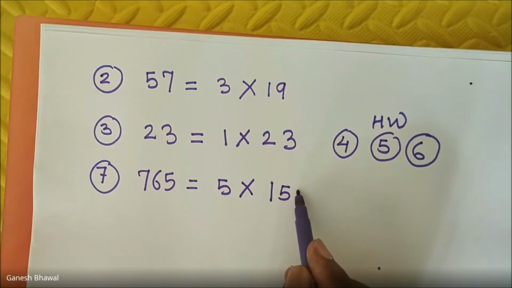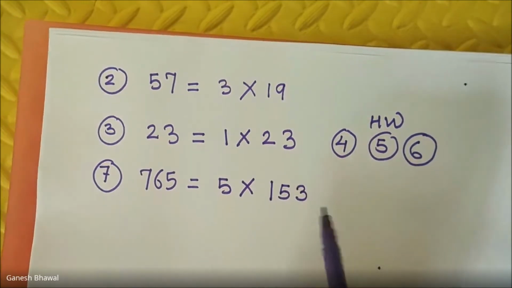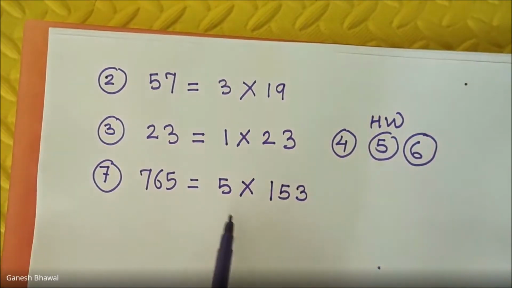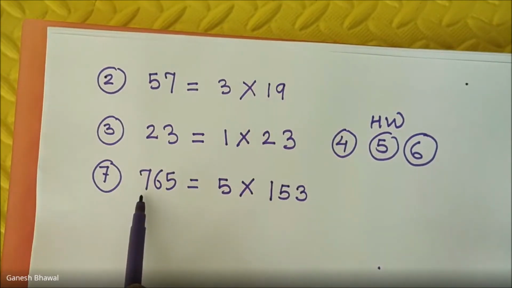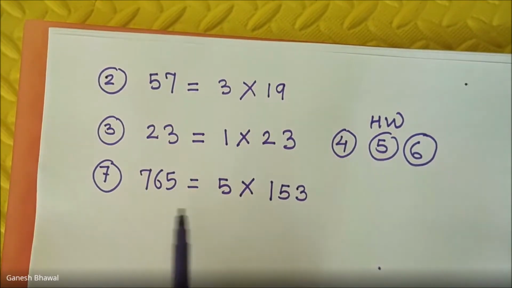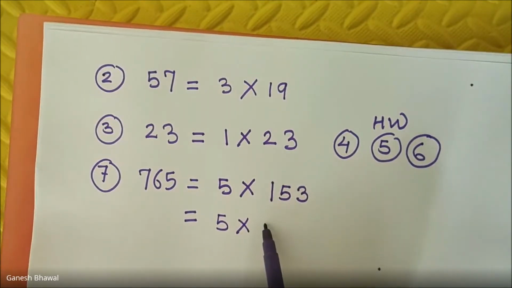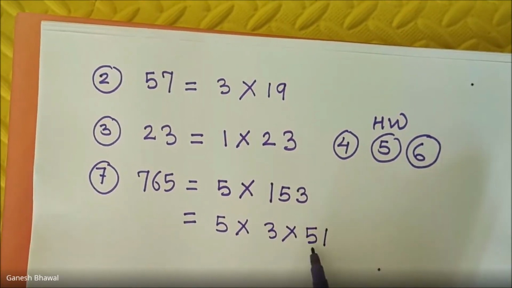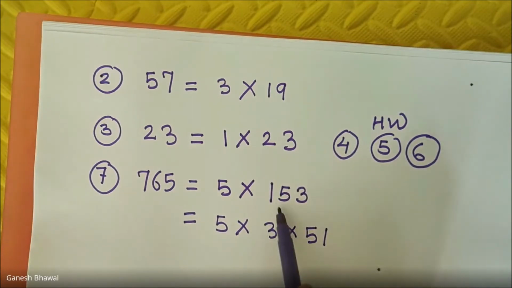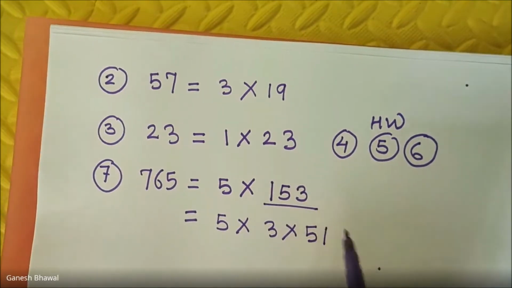And then 5 3s are 15. 153. 153 multiplied by 5 equals 765. Now here again I will take 3. 51 into 3 is 153.